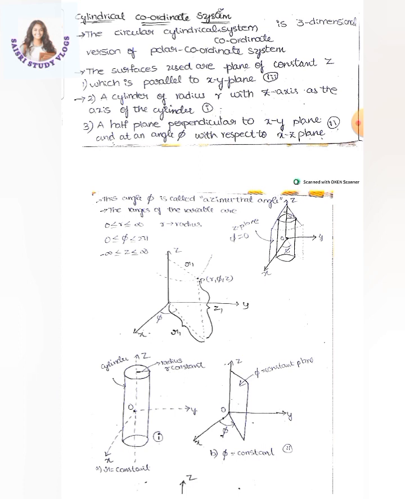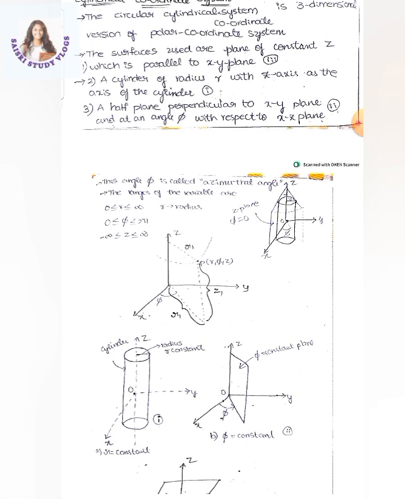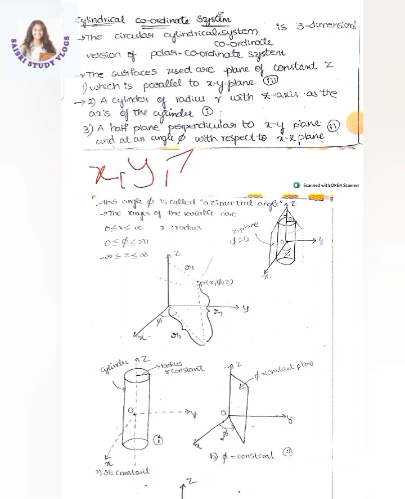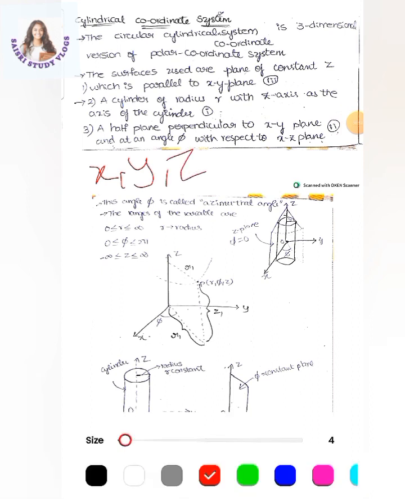If you see the Cartesian coordinate system, there we have the three axes: the x, the y and the z. But coming to the cylindrical coordinate system, here we have three parts. If you take a cylinder, we have the top part, the bottom part and the curved surface part.